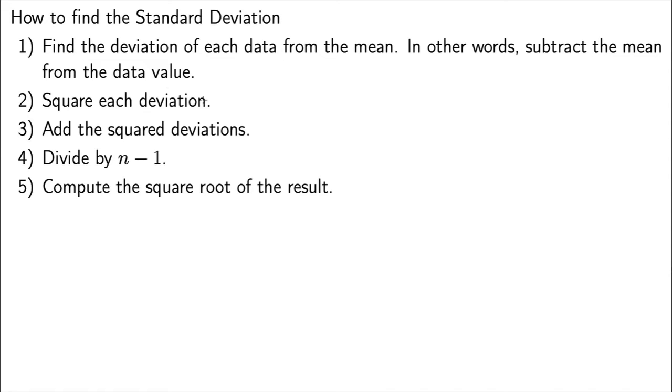We then add all of those together and divide by n minus 1, where n is the number of data values. Once we've done that, we take the square root of the result. This is to balance out the fact that we squared our deviations. We would like to get rid of that, so we do the square root. It doesn't actually get rid of the squares, but in some way it does balance that.